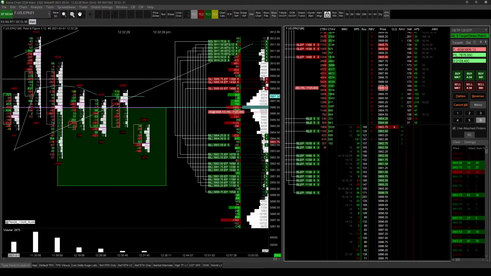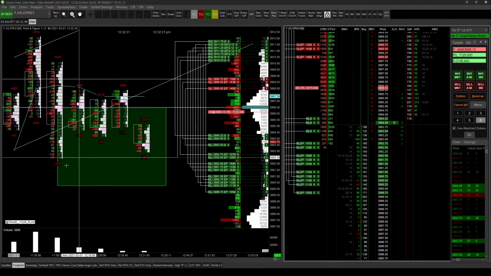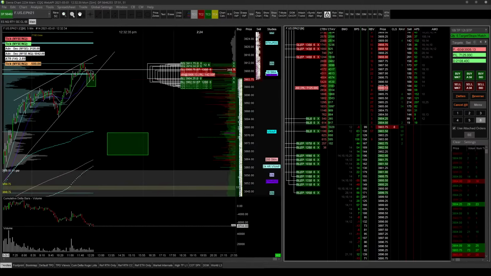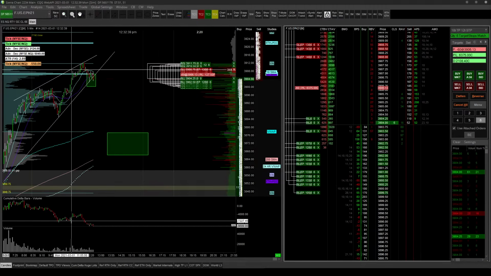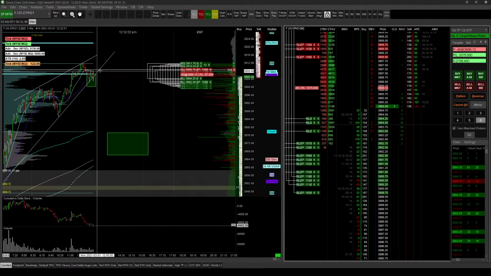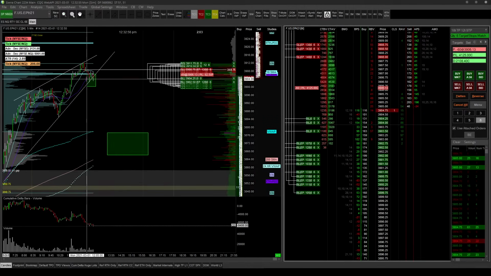Longs are starting to kind of capitulate here. See that? It hasn't really broken range yet. So we're outside the trend line. Let's see how it acts. Chop, chop, chop. Short term, they might be able to create a nice position in this area just from breakout traders.